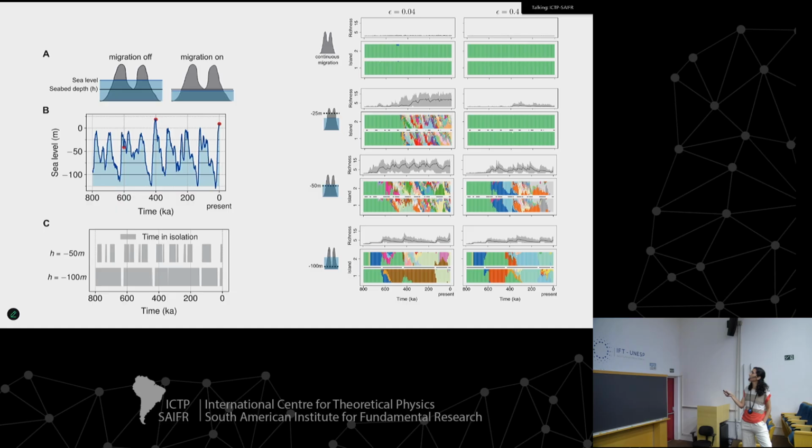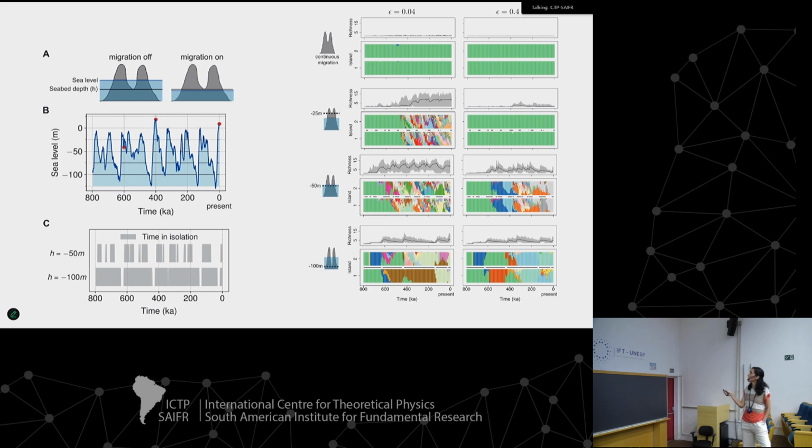Here we just increased the migration 10 times. But when we impose this on and off, and consider the seabed really high here, so it's the isolation, here the black lines mean the isolation events, and these short events of isolation are enough to increase the number of species.